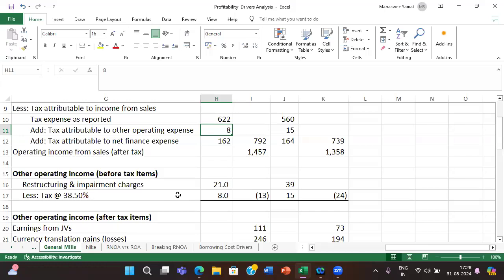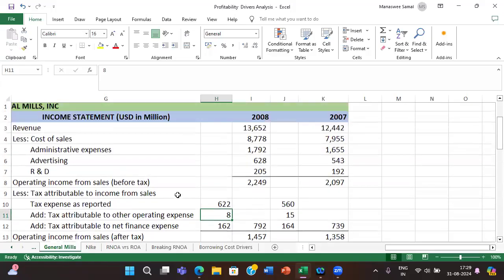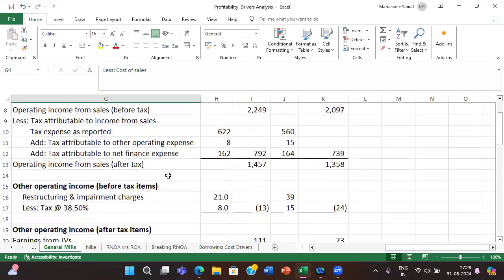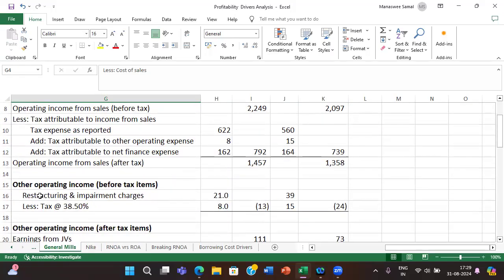Anything not related to sales and the day-to-day expenses related to sales, we attributed to revenue to calculate operating income from sales after tax. But this expense is not a usual expense.